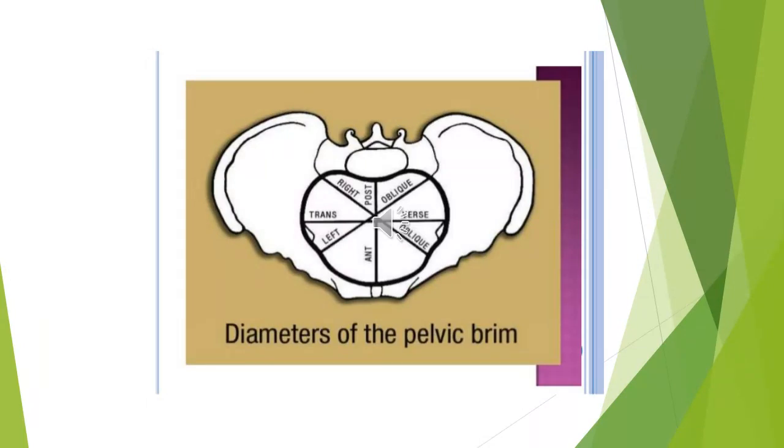Internal pelvimetry is done by digital examination per vaginum, taking some important diameters like the diagonal conjugate, interischial spinous diameter, etc. So the diameters of the pelvis, especially in females, are very important.